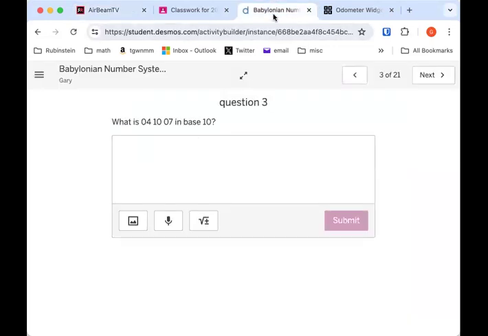I haven't taught you specifically how to go backwards, how to go from base 10 to base 60. But what I like to do, and I hope if you're math teachers, you like to do this also, you ask a question that hasn't been officially answered yet. Go ahead, try to answer this right now.